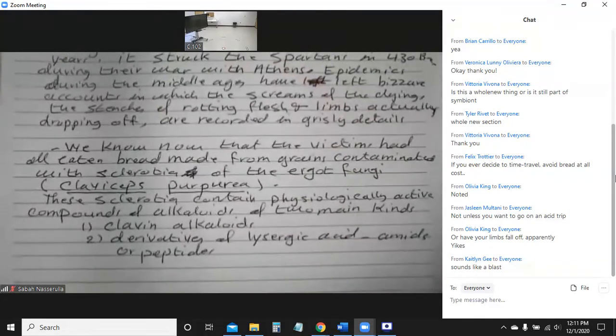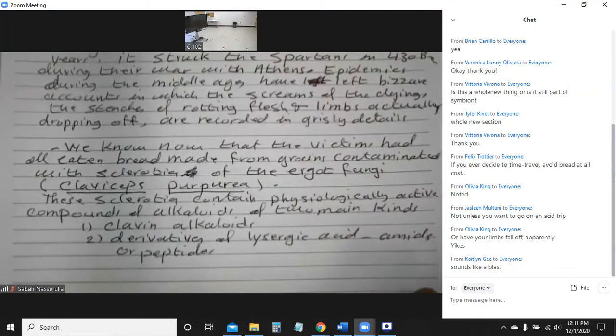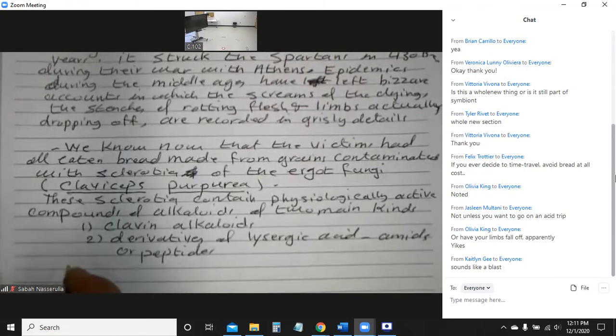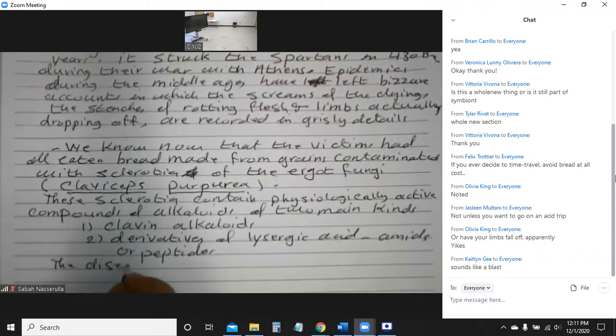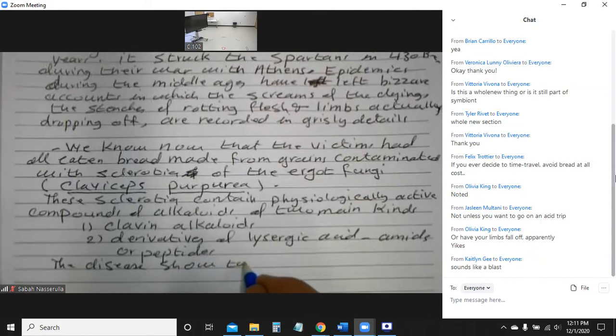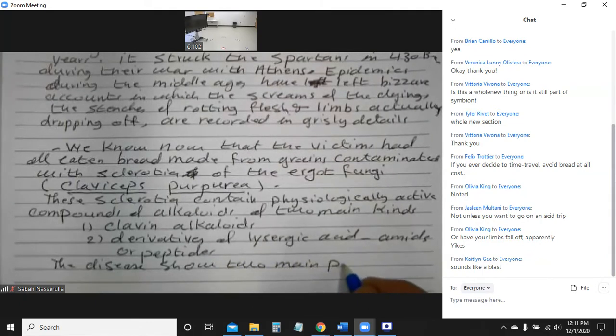Now this compound shows the symptoms. The disease showed two main patterns.